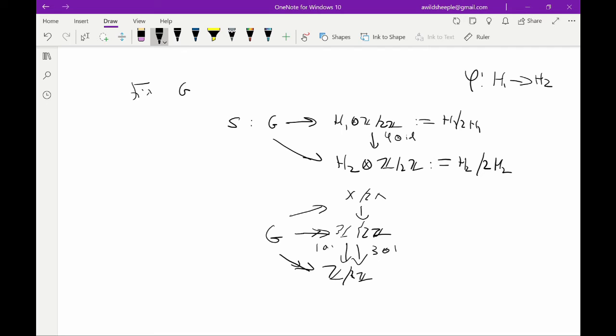How do I see that? Well, up to taking direct sums, X can only be one of a handful of things when I'm dealing with finitely generated abelian groups. And like I said, I think this story is the same in general. The important thing is that in order to equalize this diagram, if I go across the horizontal map and then down this way, I get something which is non-zero.